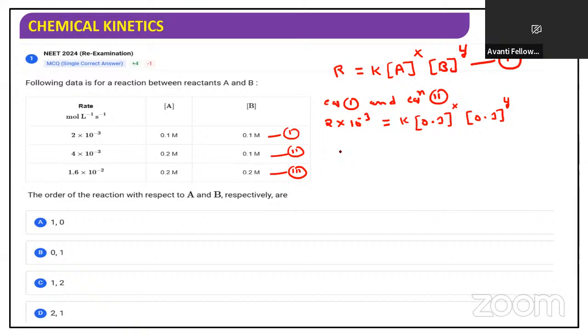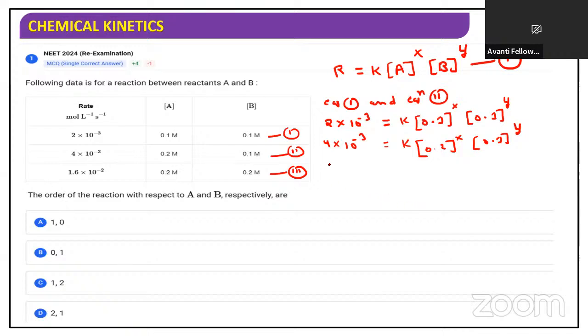Similarly for equation 2, it is given, that is 4 into 10 raised to the power minus 3, and this is equal to K, and here we have the value 0.2 raised to the power x and 0.1 raised to the power y.